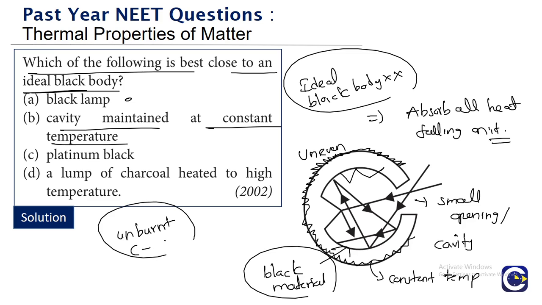That also will be able to absorb the radiation to a very great extent, but that will not give the perfect situation of making sure that whatever radiation falls on it is not reflected. So the closest approximation is the cavity which is maintained at a constant temperature. Of course, we have to consider all these other aspects about the cavity also.